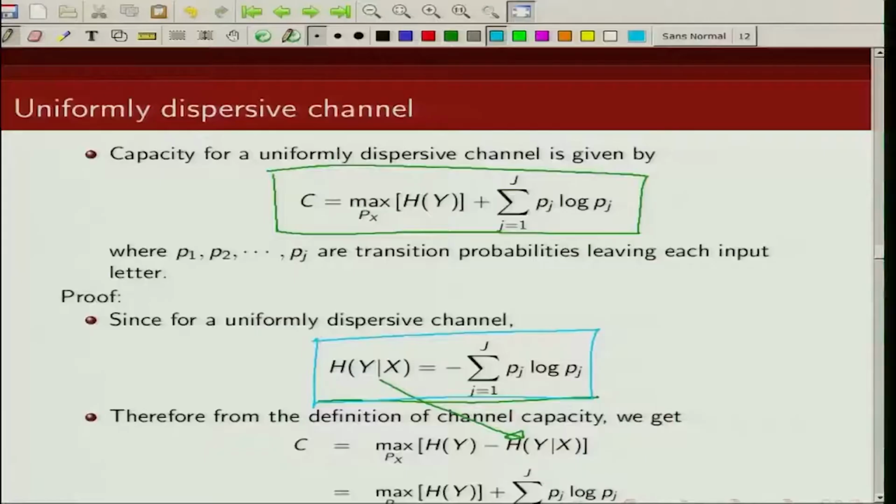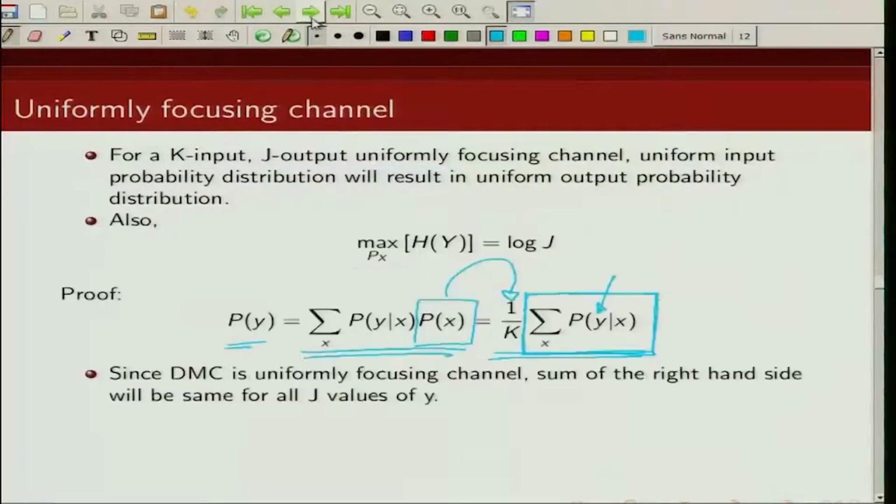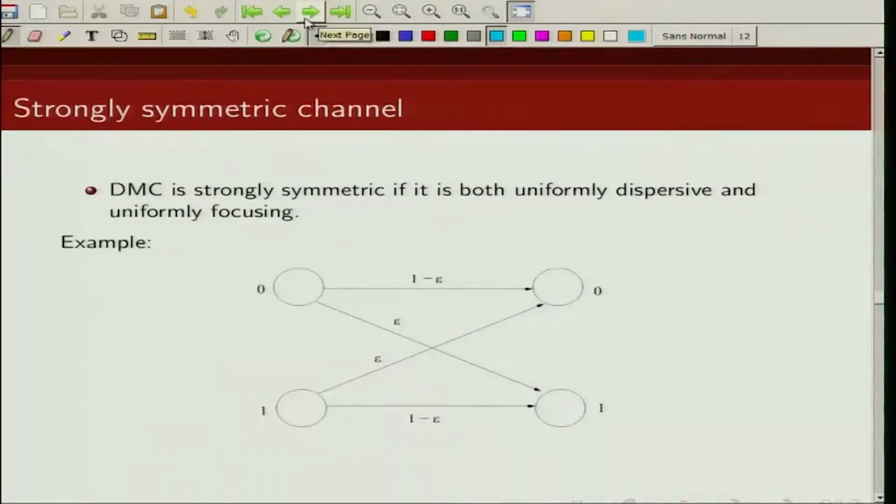Then we have the exact expression for this capacity, and that is what we are showing. A discrete memoryless channel which is both uniformly dispersive and uniformly focusing is known as a strongly symmetric channel.